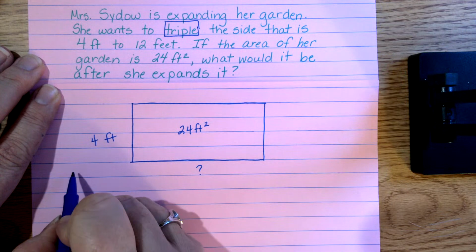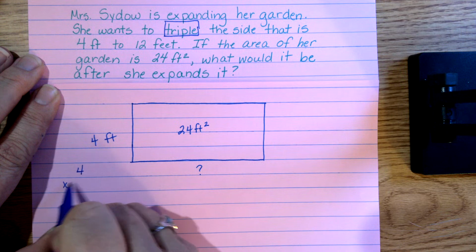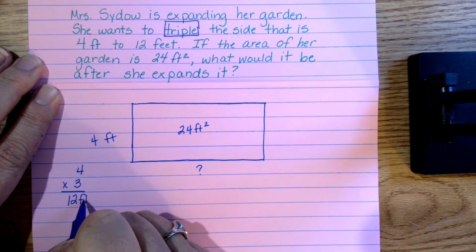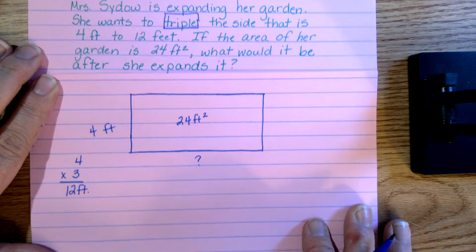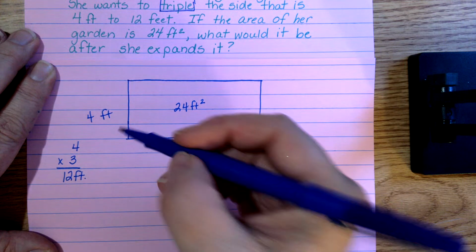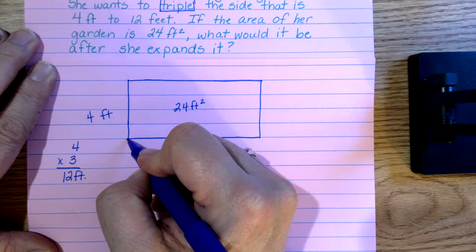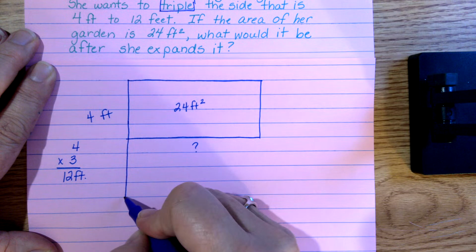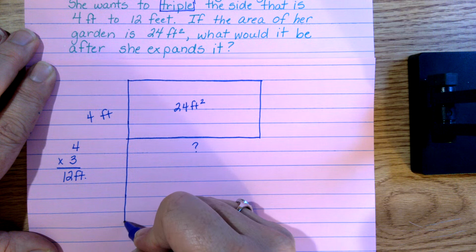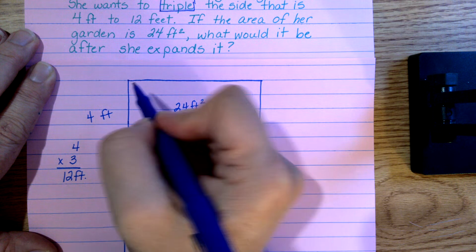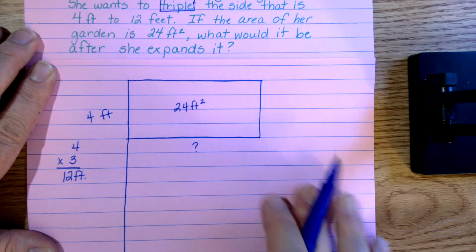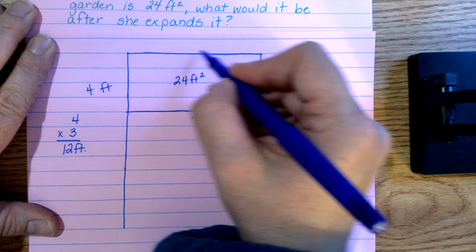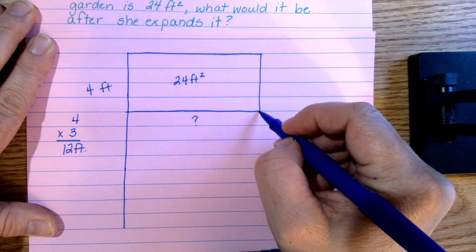So I would take 4 times 3, which equals 12, and I would extend the length of my garden. 1, 2, 3, 4, 5, 6, so that I would have 12 feet down the side.